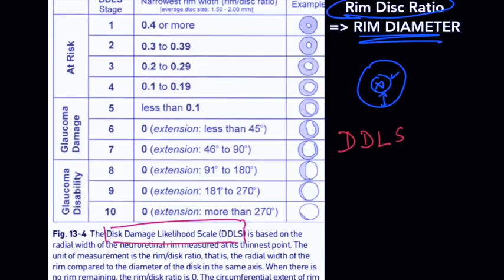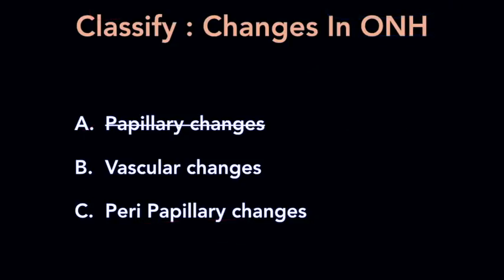There are 10 stages in DDLS, where we classify the discs into at risk, glaucomatous damage, and glaucomatous disability, ranging from a very healthy rim disc to a complete loss of the rim disc as well. And this scale is of more practical, more clinical significance when compared to the normal cup disc ratio.